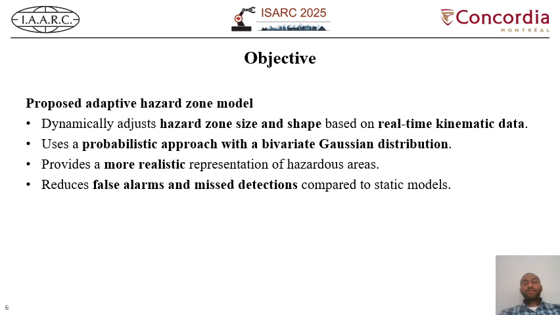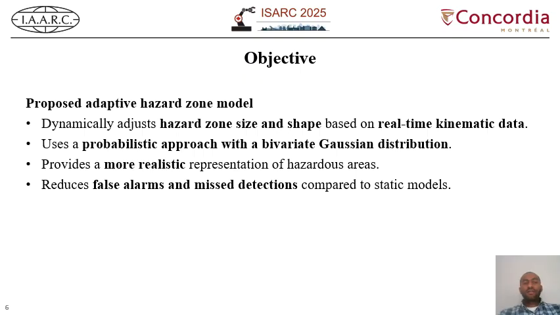The proposed adaptive hazard zone model will dynamically adjust hazard zone size and shape based on, as I said, real-time equipment data. It uses a probabilistic approach with bivariate Gaussian distribution, which will result in different hazard zones or different boundaries for different risk levels.